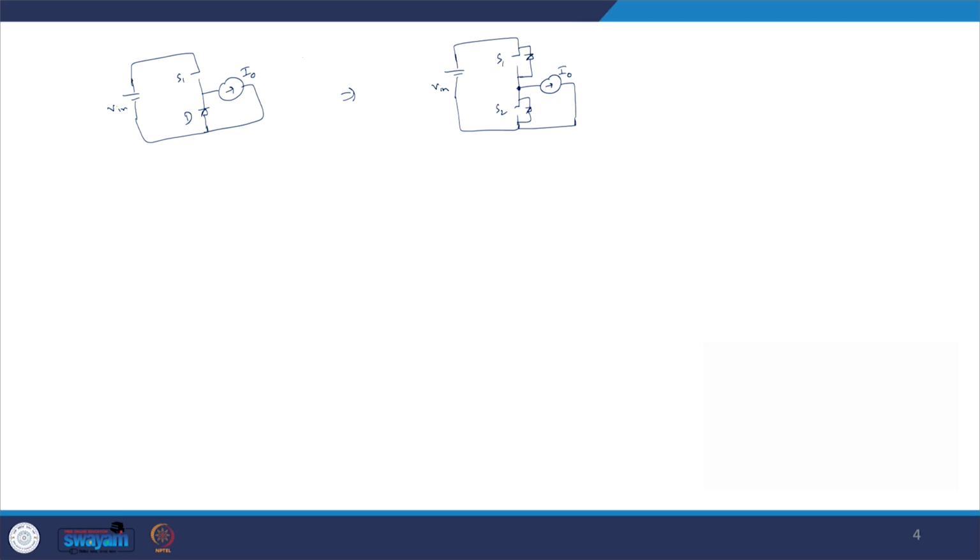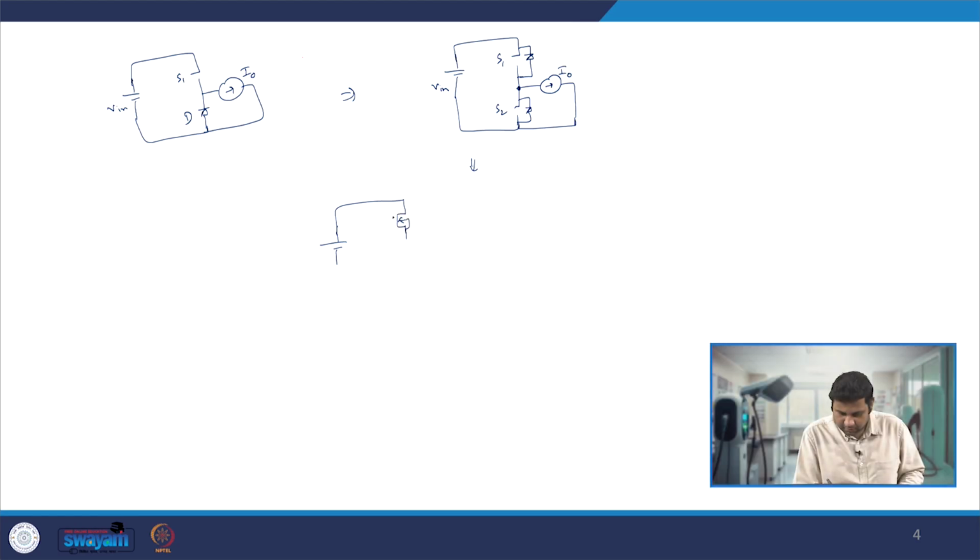Now for easiness, let us take a system something like this, where we are using a MOSFET S1, this is S2, this is V in, and let's say D1, D2.